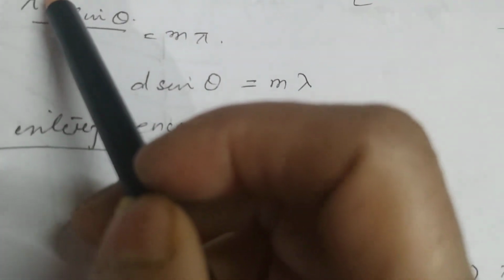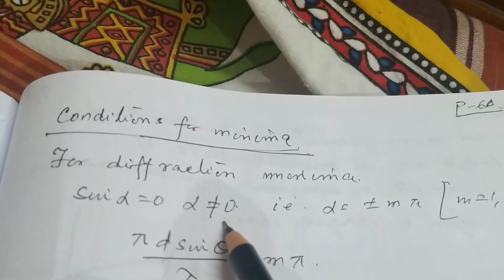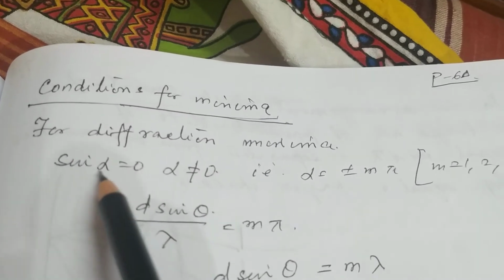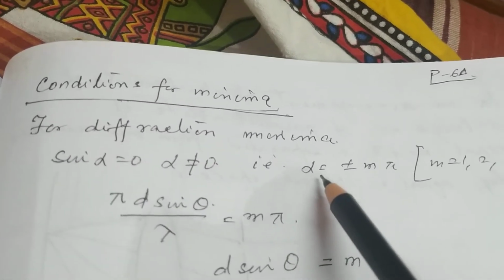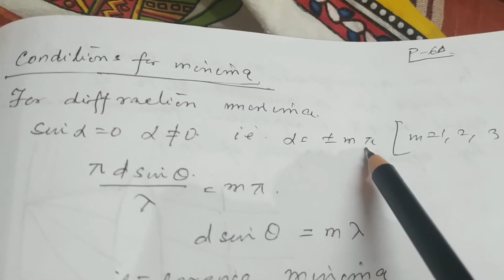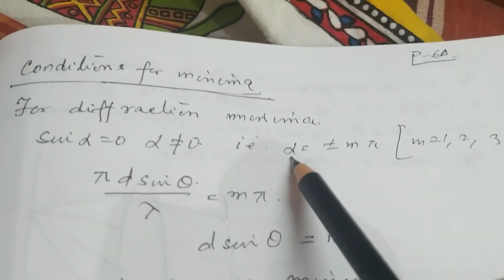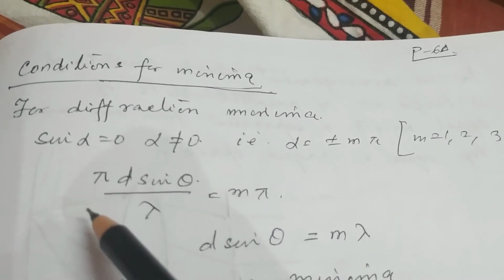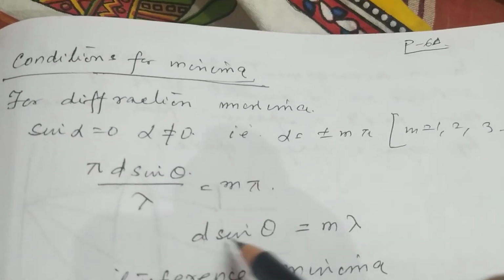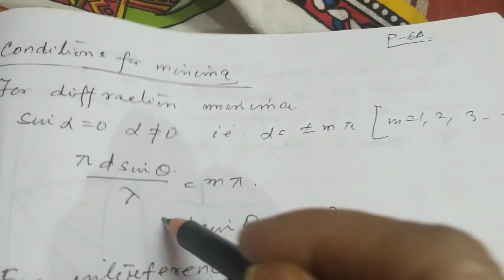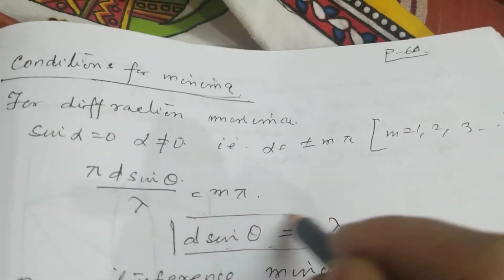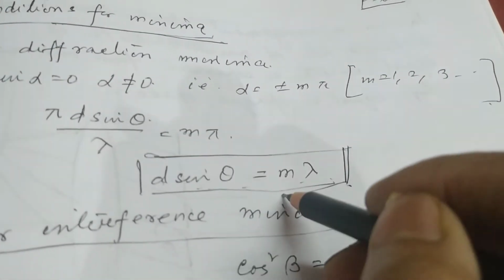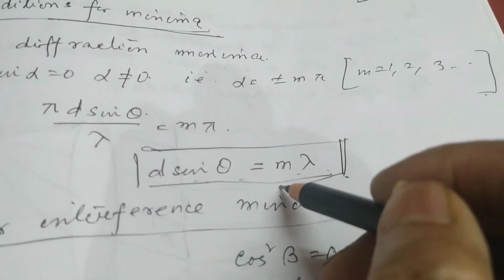So if sin alpha is equal to 0 and alpha is not equal to 0 is the condition for minima, and alpha is pi d sin theta by lambda. Alpha is equal to plus minus m pi. If sin alpha is equal to 0, that means alpha is equal to m pi, where m is equal to 1, 2, 3, etc. So from there I find that d sin theta is equal to m lambda. This is the condition for diffraction minima, which we have already seen.